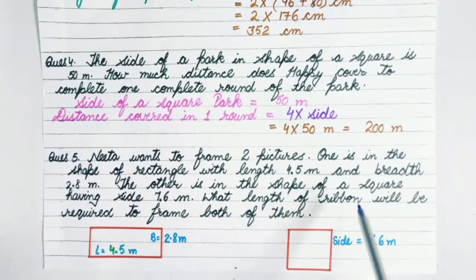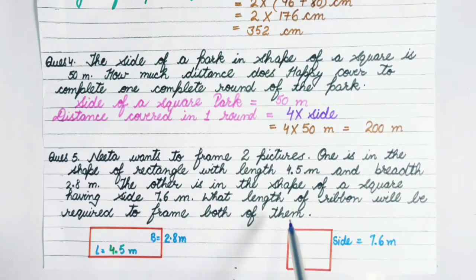You know students, when we require a frame for the pictures, we use the boundary, because the frame goes on the boundary, right? When you look in your room, many pictures will be there and the pictures can be in the shape of a rectangle and square.